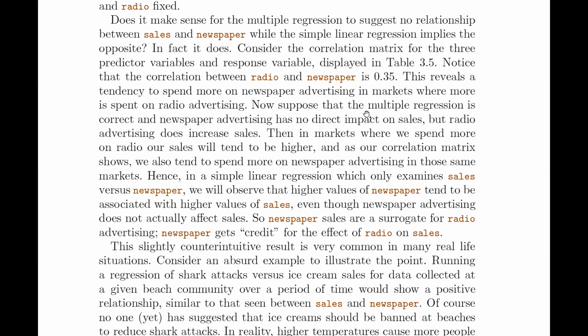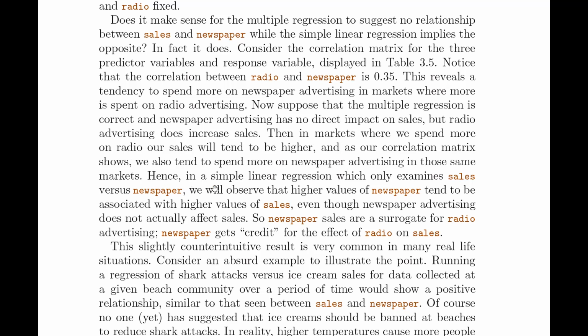Now, suppose that the multiple regression is correct, and newspaper advertising has no direct impact on sales. But radio advertising does increase sales. Then in markets where we spend more on radio, our sales will tend to be higher. And as our correlation matrix shows, we also tend to spend more on newspaper advertising in those same markets.